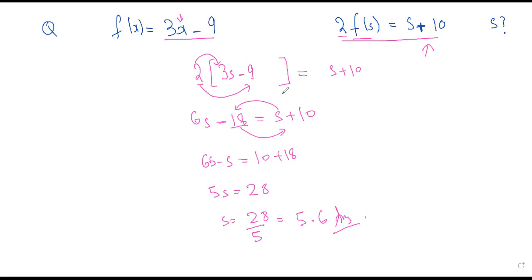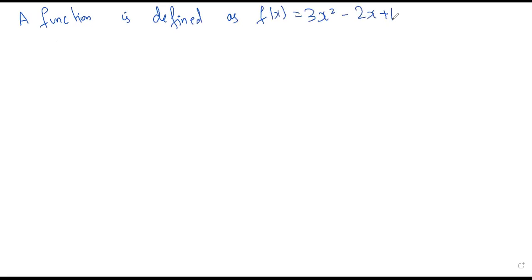Okay. Let's talk about the last question, and then we'll talk about inverse functions. It says, this is a past paper question. Function is defined as f of x equals 3x squared minus 2x plus 1.